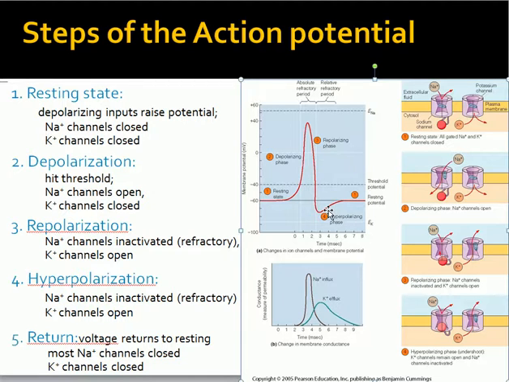Now you get down here to the hyperpolarizing phase, and the sodium channels are almost completely inactive or refractory, and the potassium channels are still open. So that's why we're going down even more negative than we were before. As we return to the resting potential, most of the sodium channels are closed, and most of the potassium channels are closed too. And so that's what allows us to get back to the resting potential.